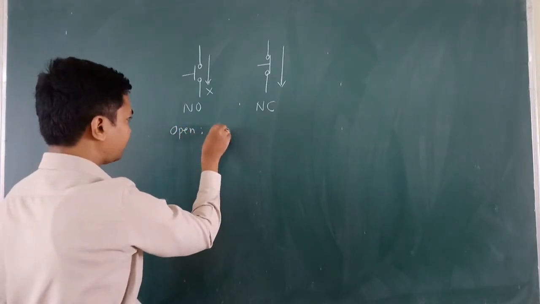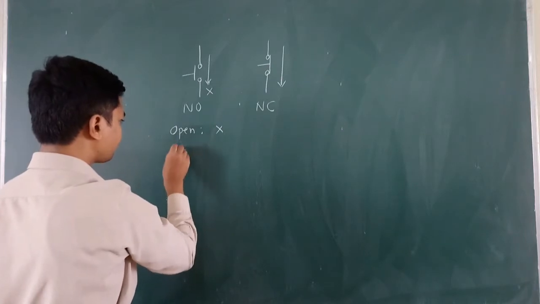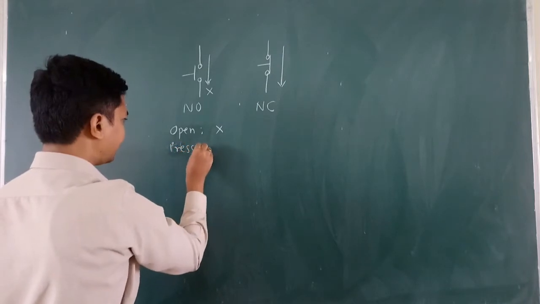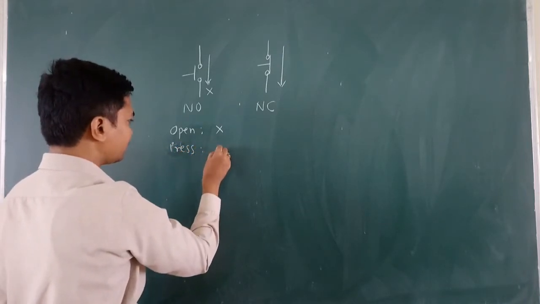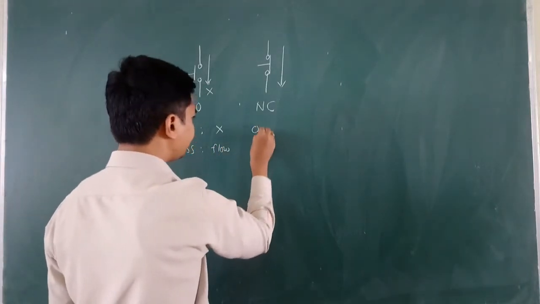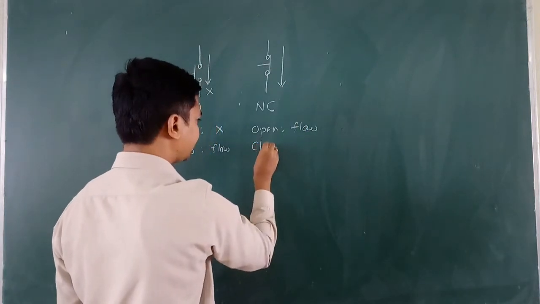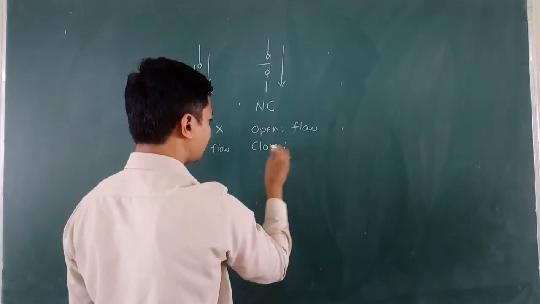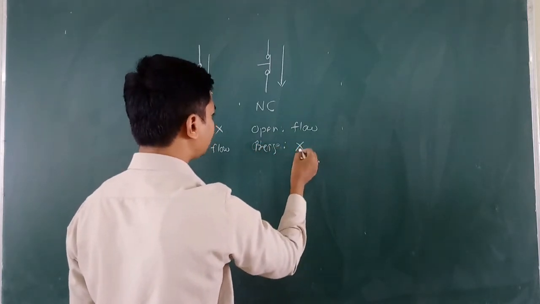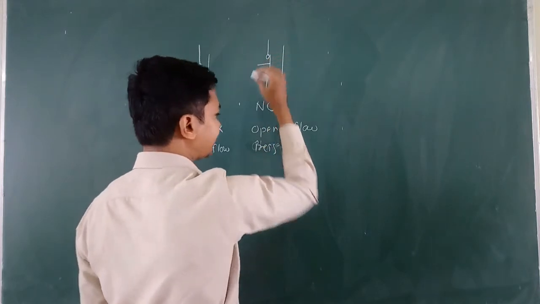Current cannot flow, but if you press the switch the current can flow. But here, when the switch is open the current flows through the switch, and when the switch is closed or pressed the current cannot flow through the switch because these points will be disconnected from each other.